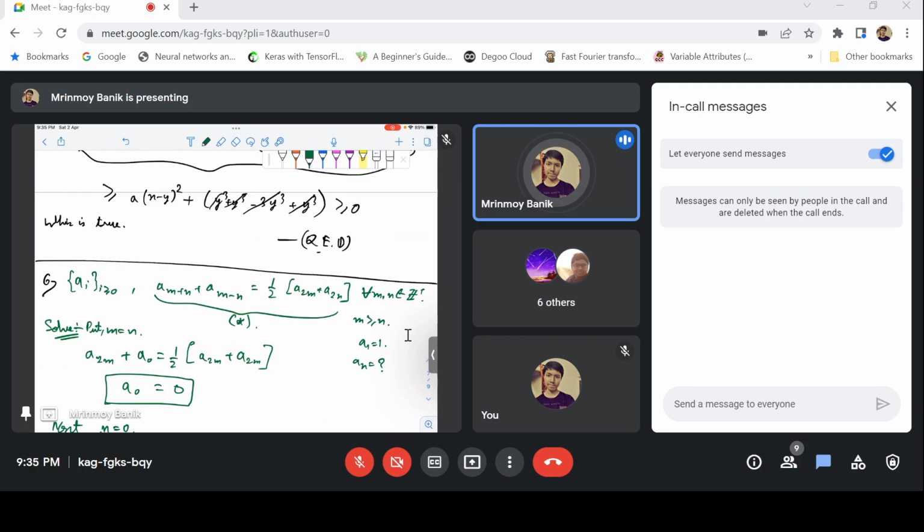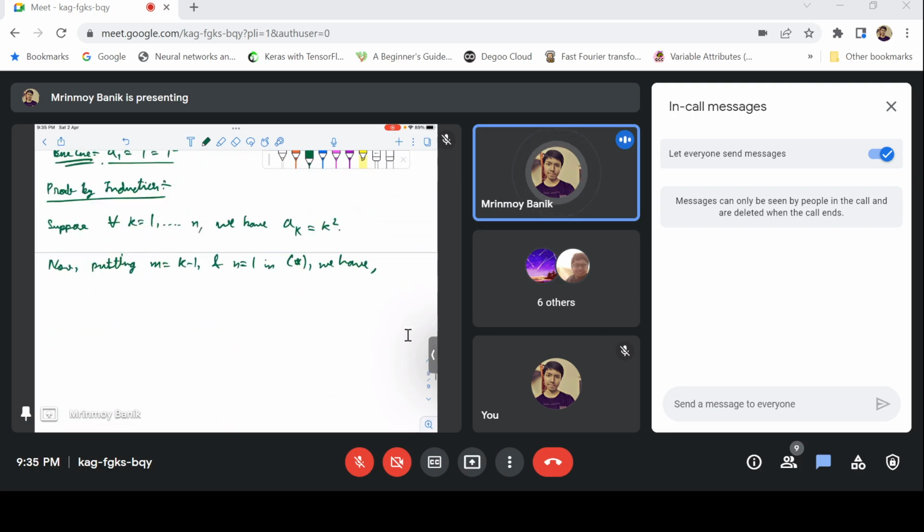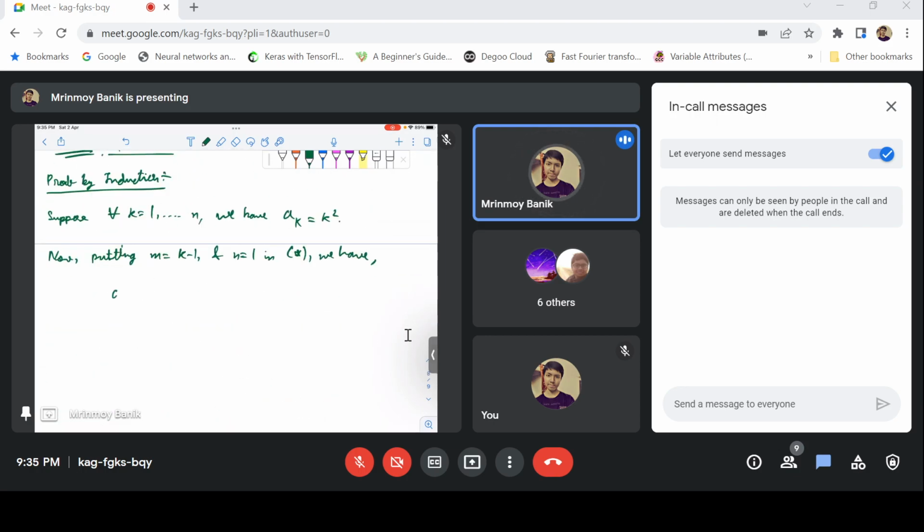So a_{m+n} plus a_{m-n}: a_k plus a_{k-2} equals half times a_{2k-2} plus a_2.